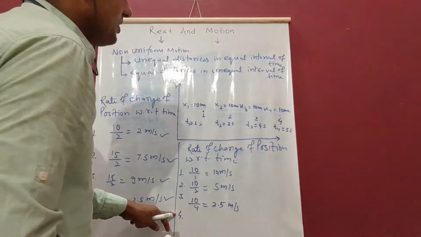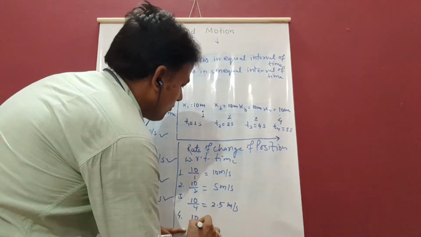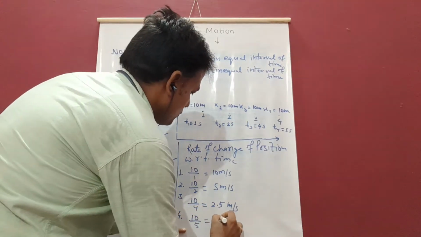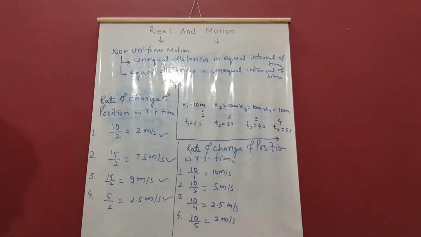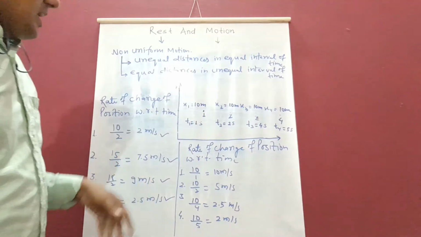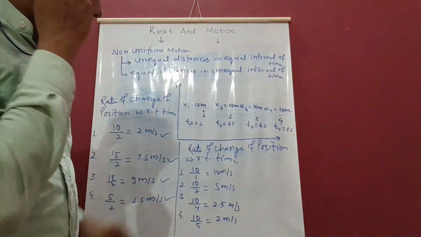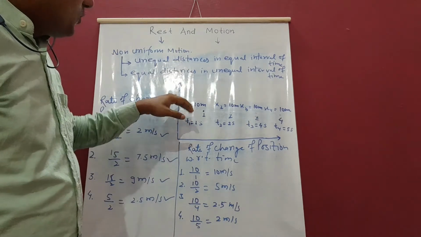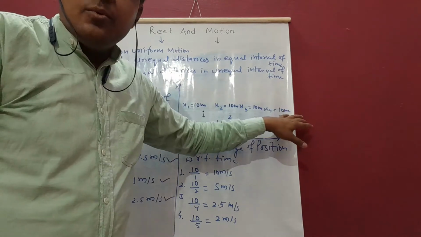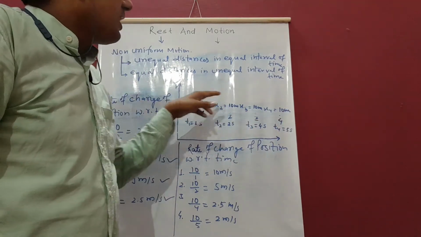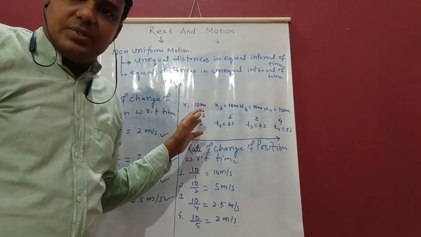And the last one is 10 upon 5, it is 2 meter per second. So here again we can see that the object changes its position when the distances are the same for all the cases x1, x2, x3 and x4, and that is equal to 10.